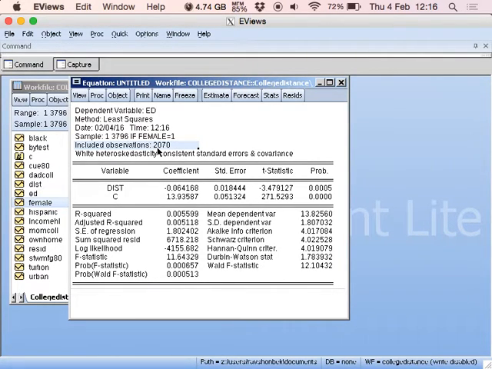So it's only considering the female participants in the survey. So does anyone want to comment, please? Is the coefficient estimate for distance statistically significant? Yes? No? Anyone?